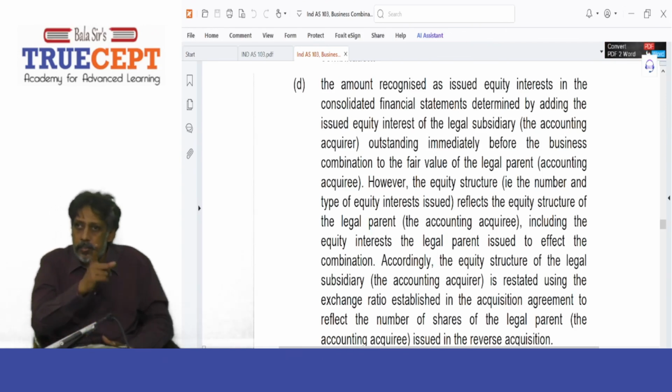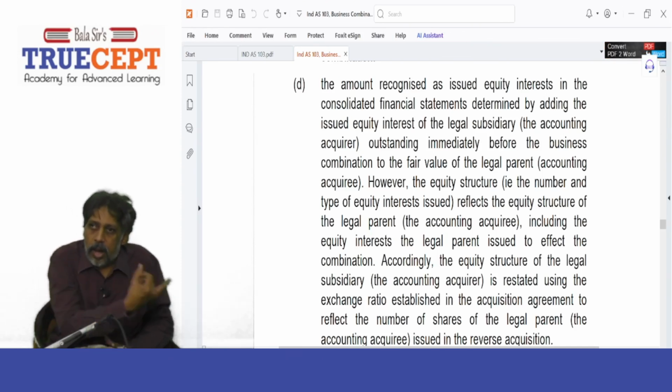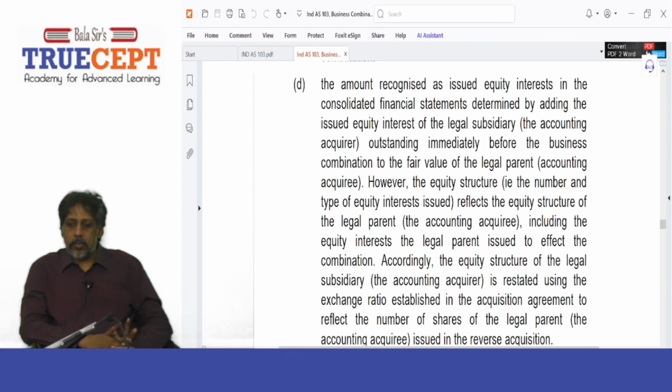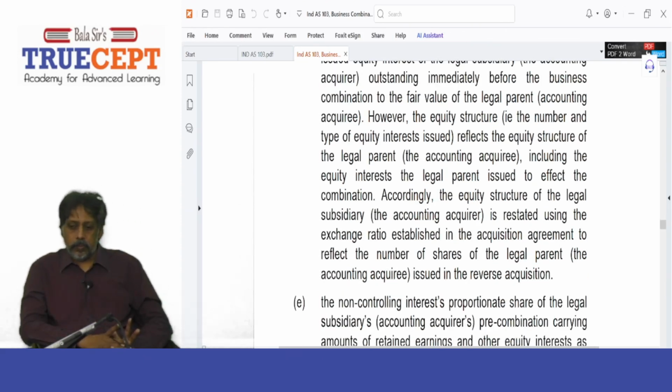Remember, I issued 150 shares, so 100 shares plus 150 shares issued. Accordingly, the equity structure of the legal subsidiary is restated using the exchange ratio established in the acquisition agreement, 2.5, to reflect the number of shares of the legal parent issued in the reverse acquisition. That's all. Don't read point T, because there is no non-controlling interest.